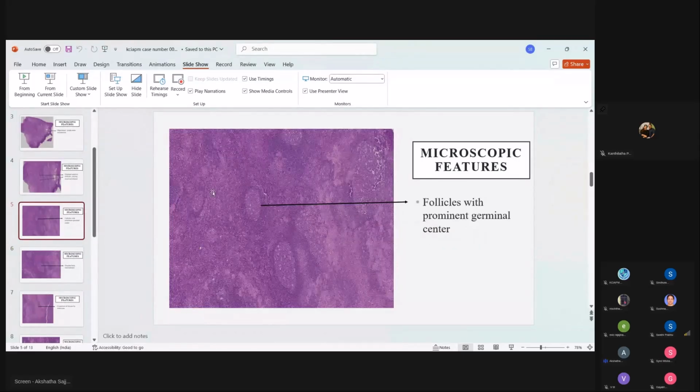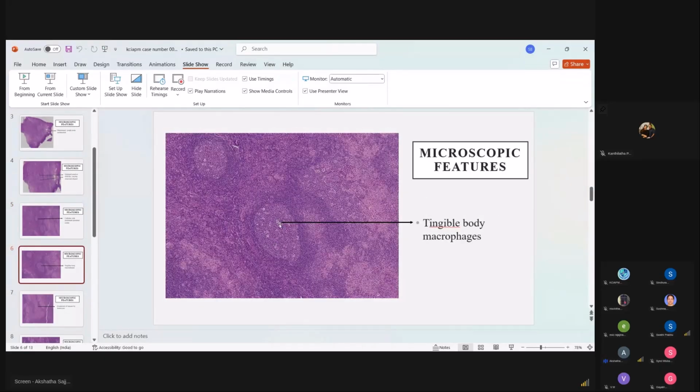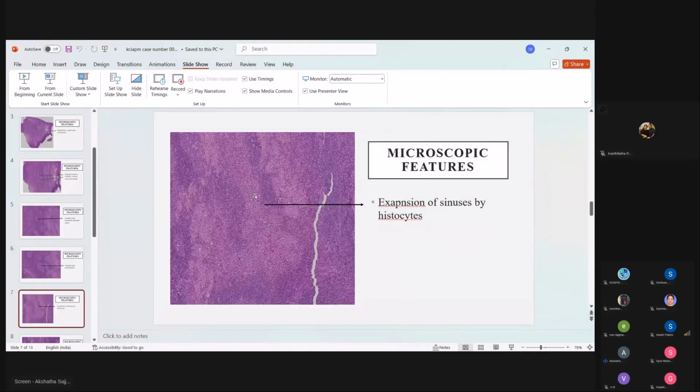On higher magnification, it shows follicles with prominent germinal centers and tingible body macrophages in each prominent germinal center. Also noted is an expansion of sinuses by the histiocytes.